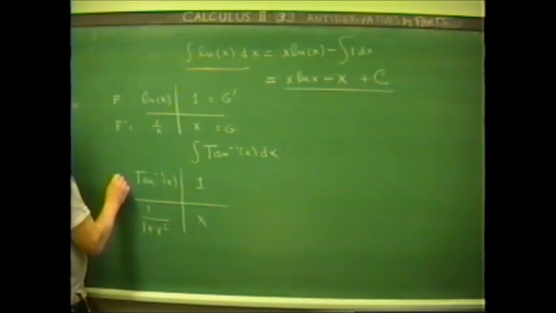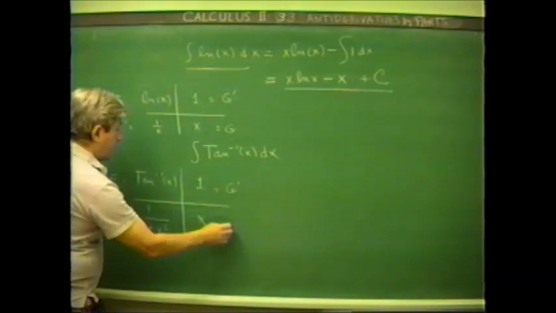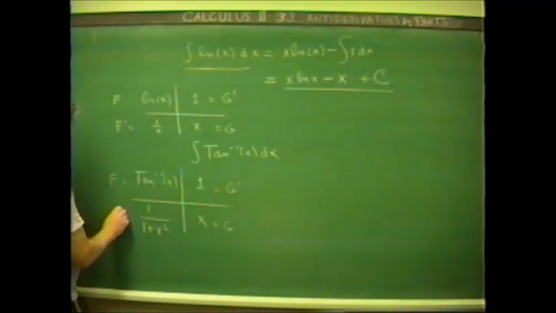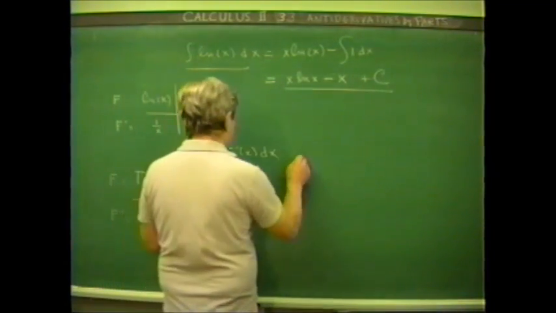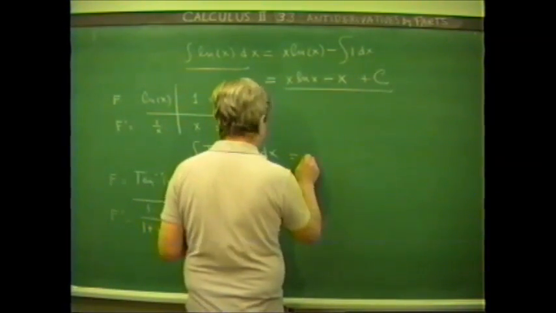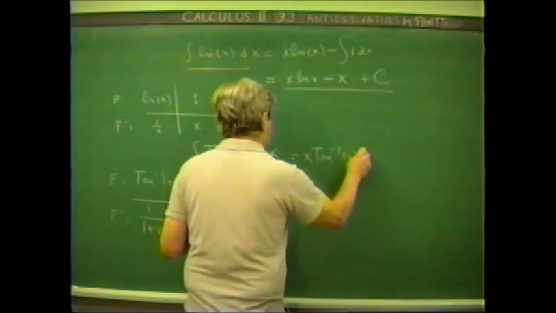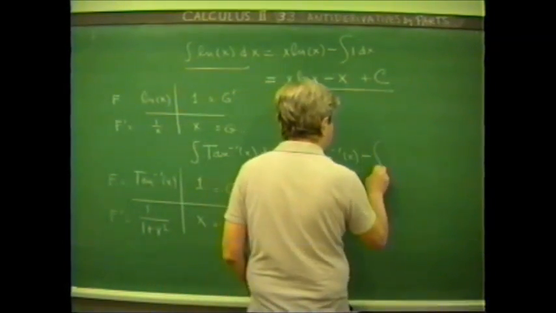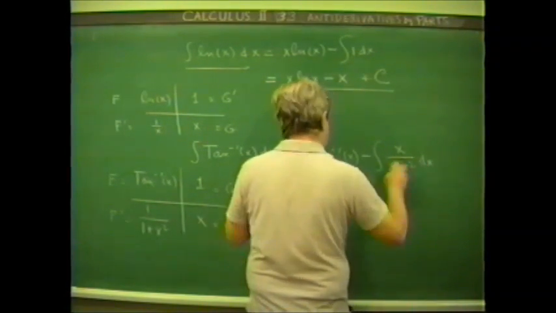So here's f, g prime, g, and f prime. So the antiderivative of f times g prime is equal to tangent inverse of x times x, or x tangent inverse of x, minus the antiderivative of the bottom line here, x over 1 plus x squared dx.